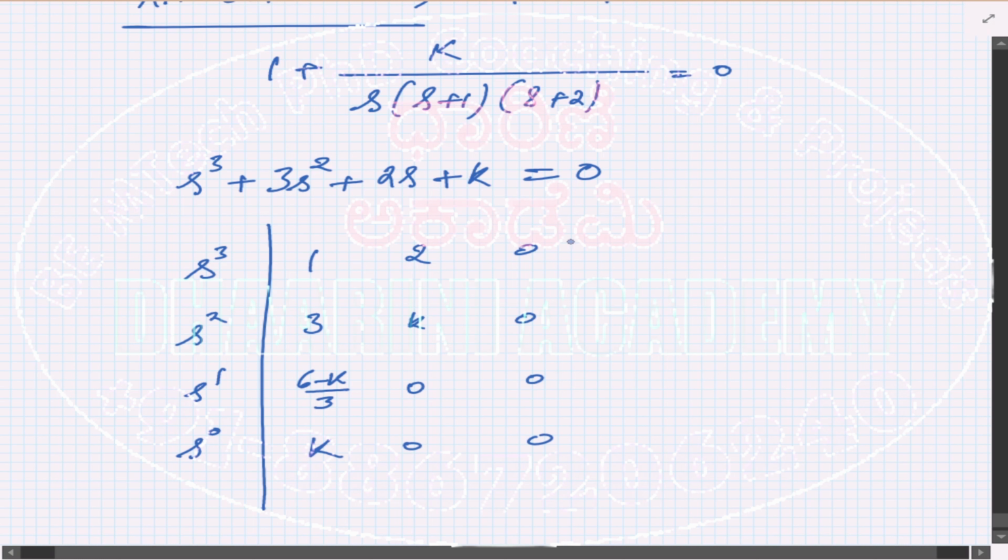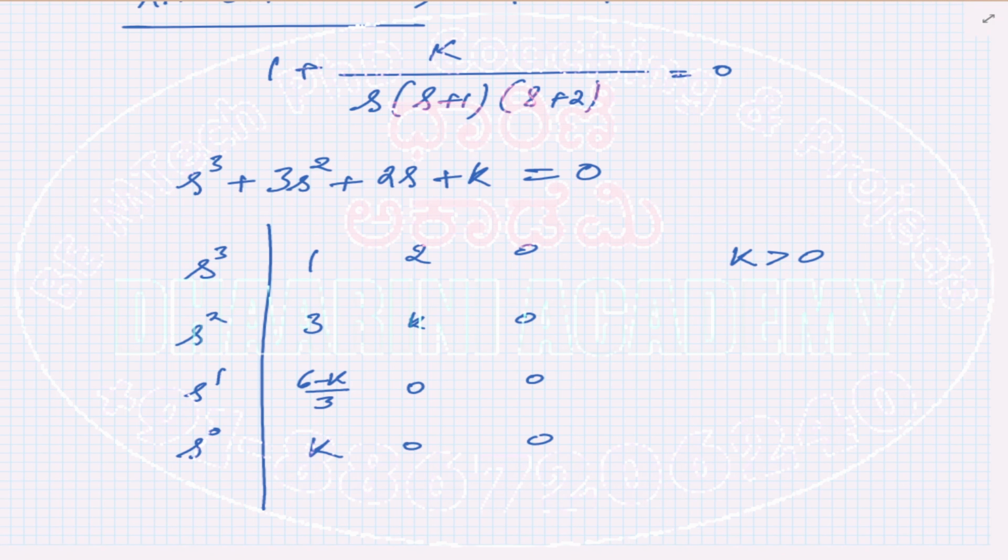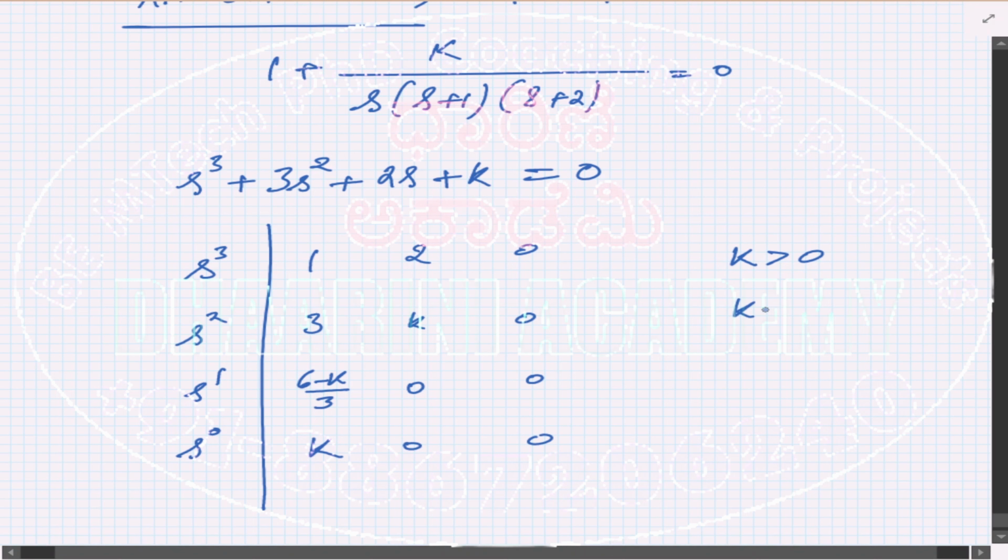Since the first two entries of the first column are positive, I am expecting the other two terms containing k also to be positive. The last number is k, so it should definitely be greater than 0. The second term says that 6 minus k should be greater than 0, so k is less than 6.